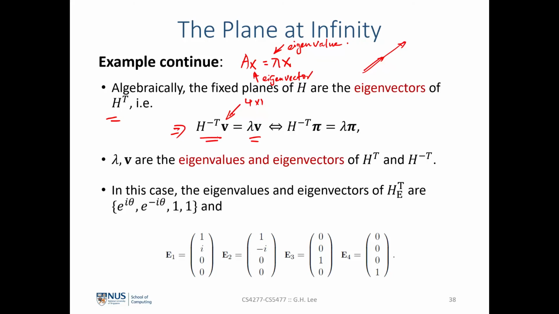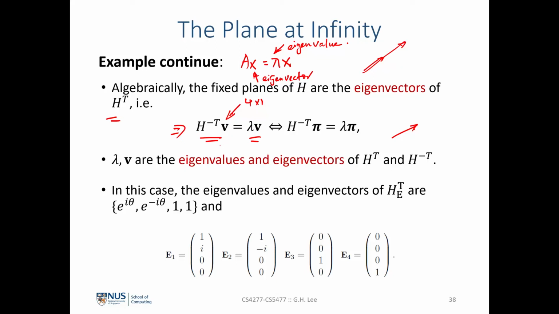And what this means is that for any plane that is an eigenvector, we need to find the H over here, the projective transformation, such that V here, the plane, is the eigenvector of H, the transformation here.